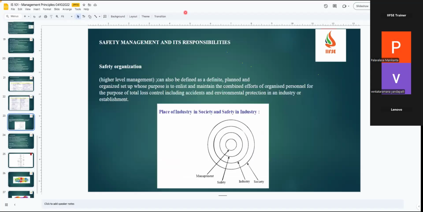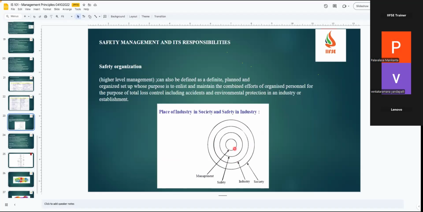Okay. Now we talk about safety management and its responsibilities. Basically, when you talk about an organization, a society at large has industries. Within the industry, you will have safety and you will have the management.